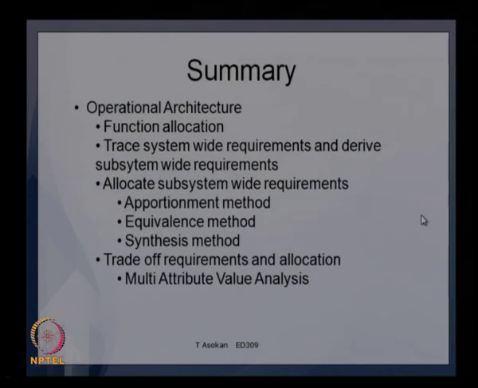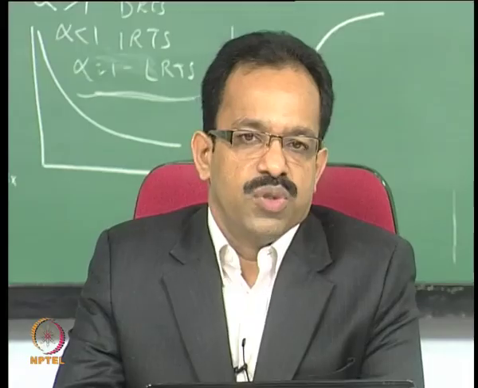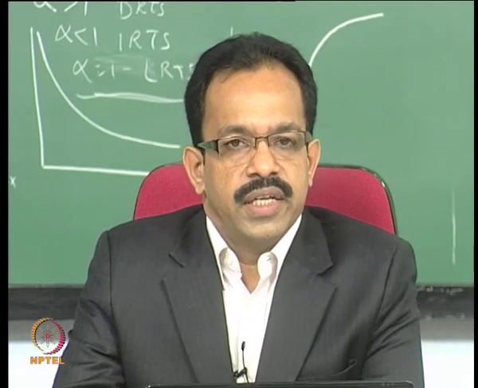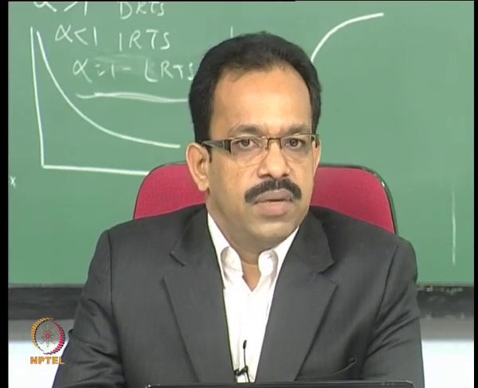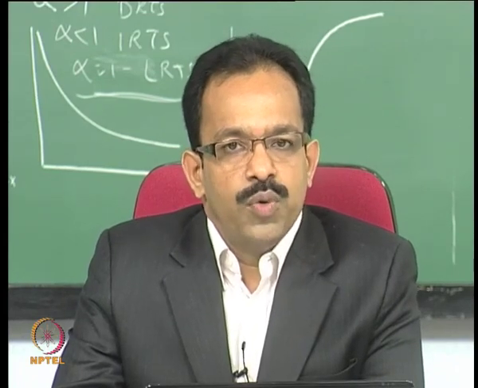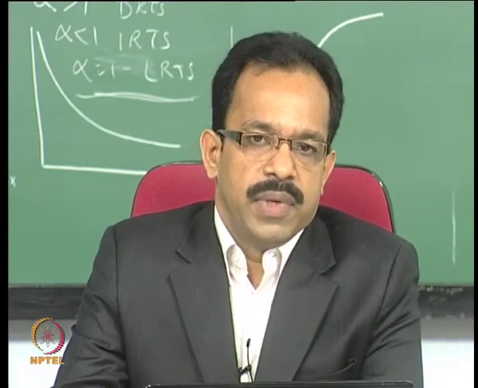Okay, to summarize, what we discussed during the last two lectures was the operational architecture development, also known as allocation architecture. Using the functional requirements, we developed the functional hierarchy and functional architecture, then the physical architecture. The next step was how to allocate these functions to the physical elements.